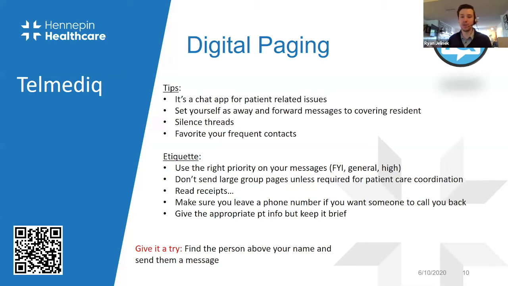It doesn't know that it's you. It's just a generic login. So if you're sending it to a physical pager or from Amion, you need to say who it's from, and you need to put a phone number in there. Whereas if you're sending it through Telmetic, you're logged in as you, so it's coming from you, and you don't need to say who it's from in the message. If you want to leave a callback number, there's actually an extra field in Telmetic for a callback number that you can call back on.